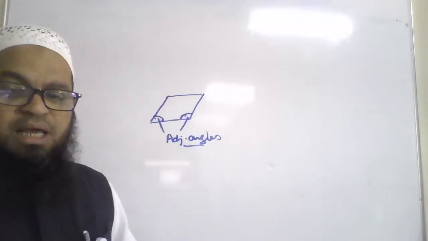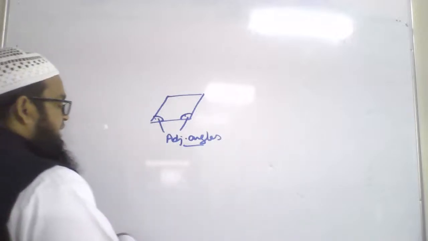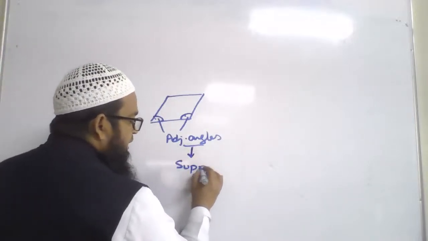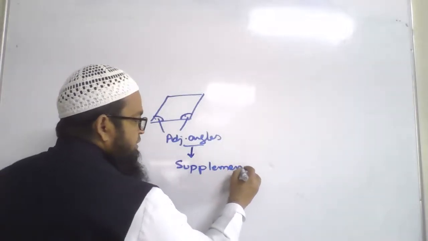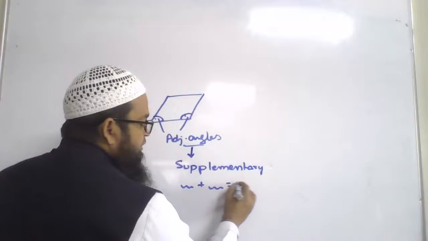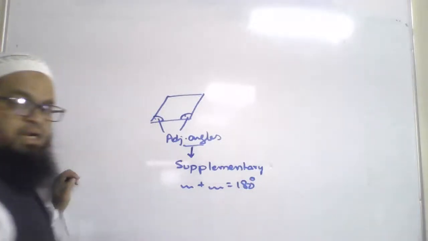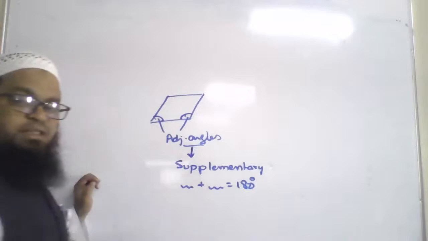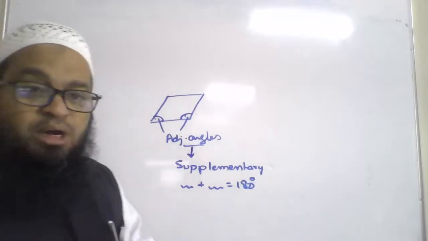No. Only opposite angles are equal. So adjacent angles are what? Actually, they are supplementary. What is the meaning of supplementary? If you add two angles, it will be 180 degrees.